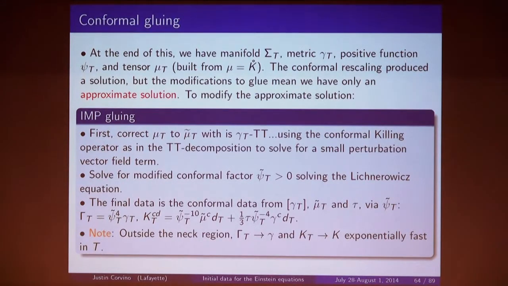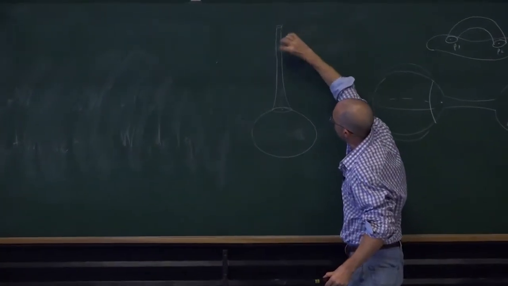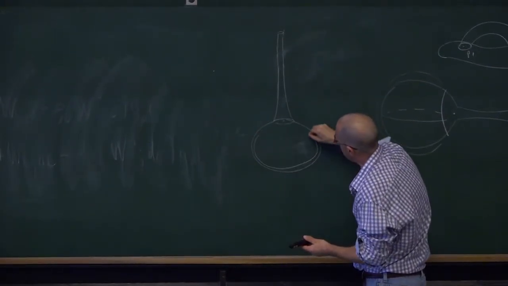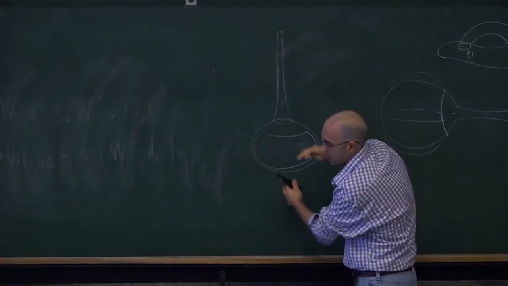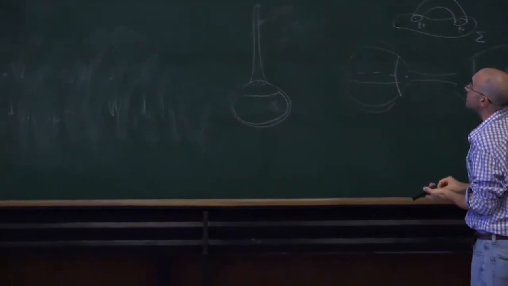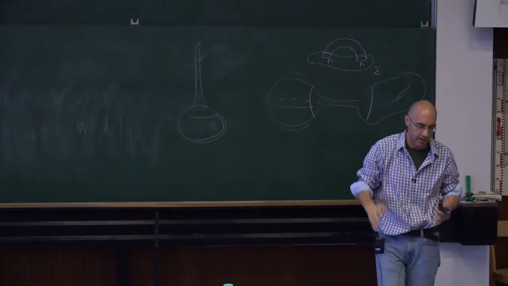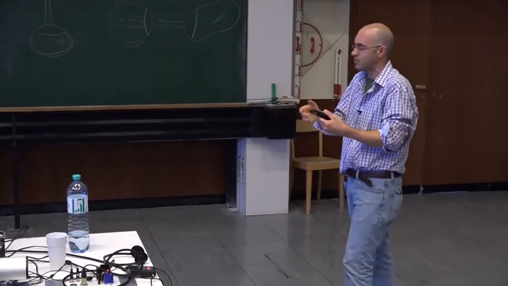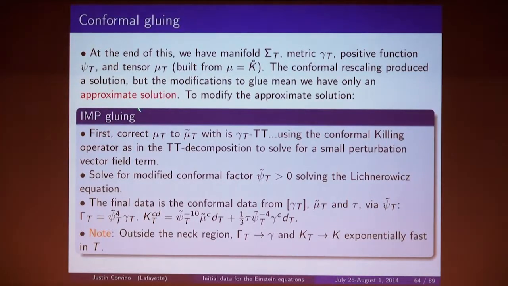To get this scenario, you had to use a conformal factor that blew up the neighborhood, and then outside a neighborhood that conformal factor could be 1 over here, and then has to blow up near the point. When you actually glue them together, then you have a patching. So you've got manifolds, metrics, tensors, patched together, and you have an approximate solution. What do you have to do to correct it?